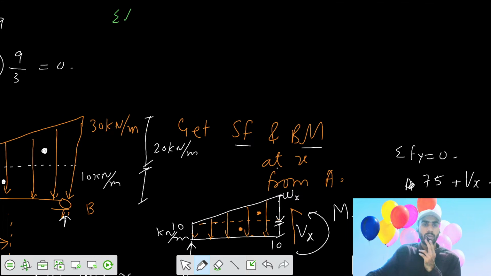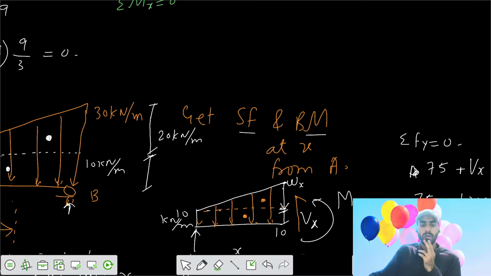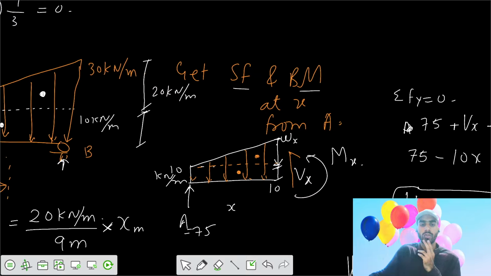let's take summation of moments at x equals to 0. See, x is from A, so your reaction at A equals to 75.